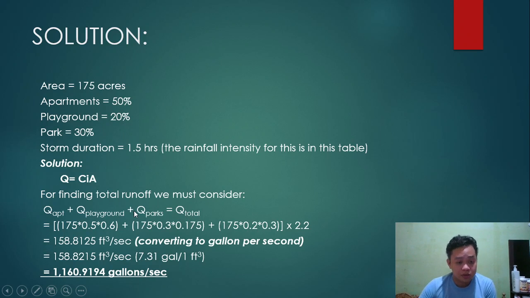So considering first the apartment, the area 175 times 50% of the 175 times the coefficient. This coefficient 0.6 is given in the table, so you can just scan from the previous slides. So this is the first runoff, the first peak flow from the apartment.